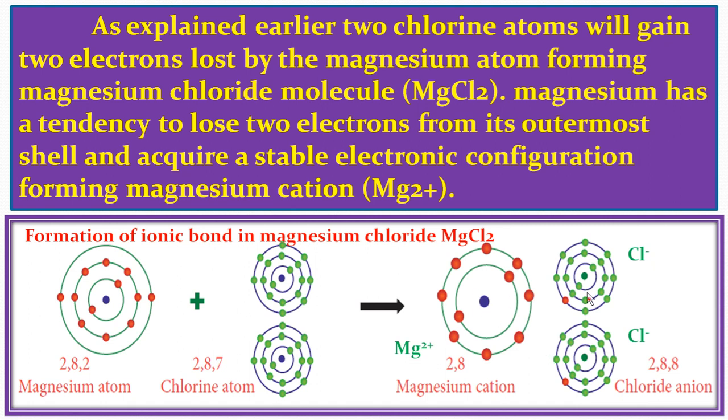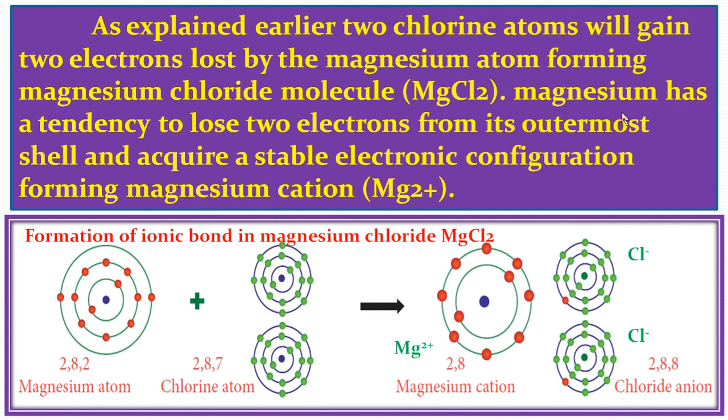So, the electrostatic force of attraction between the oppositely charged ions brings them closer, and they form a bond between magnesium and chloride, that is an ionic bond, and this compound is called the ionic compound magnesium chloride, MgCl2. So, 2 chlorine atoms gain the 2 electrons lost by the magnesium atom, forming a magnesium chloride molecule, MgCl2.